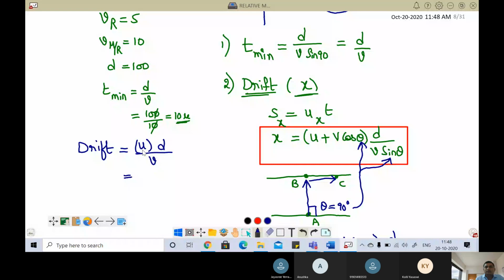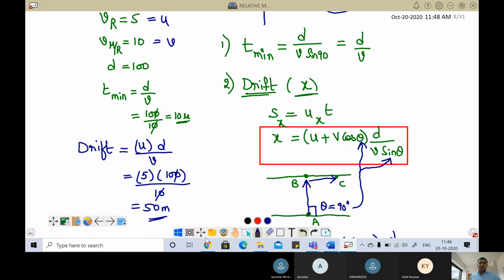What is u? River velocity. What is d? Width, 100. What is v? 10, sir. So that means how much? 50 meters. Is it clear? Yes, sir. So like that we should solve.